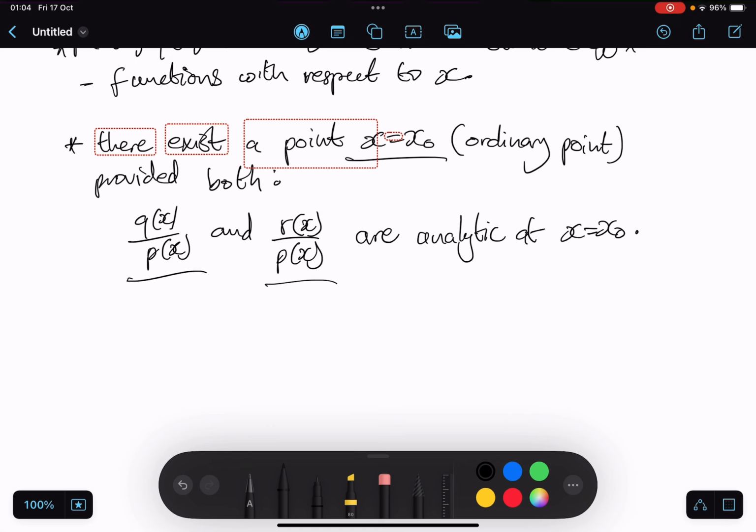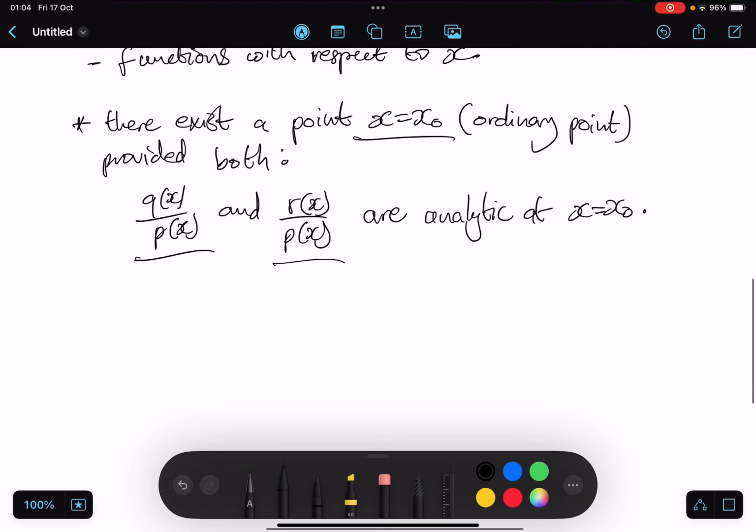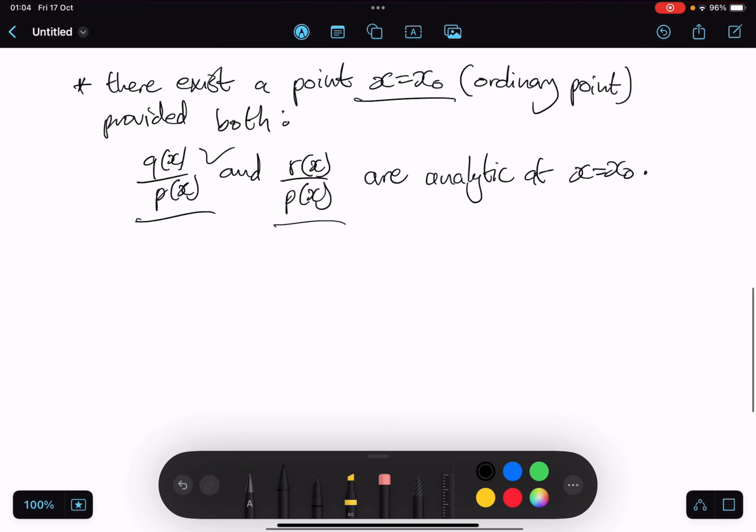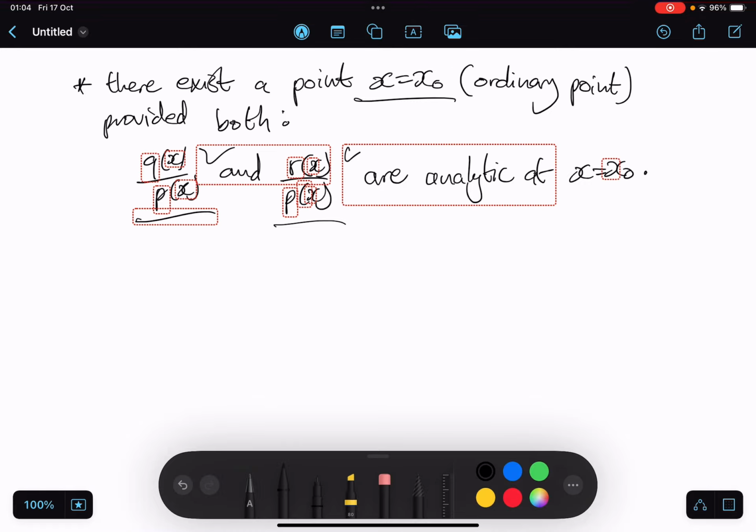What do you mean by this? We are saying these two expressions have Taylor series around this point.